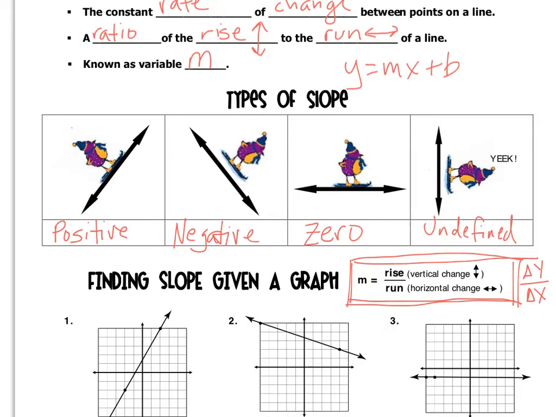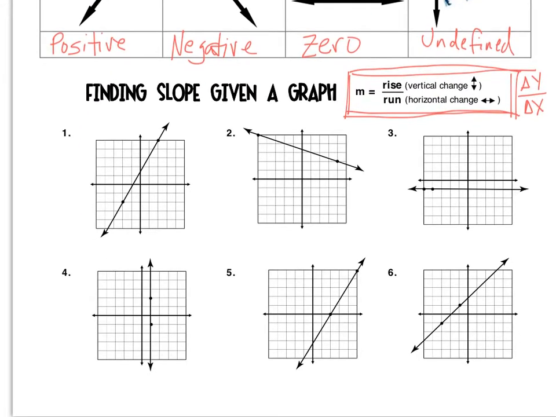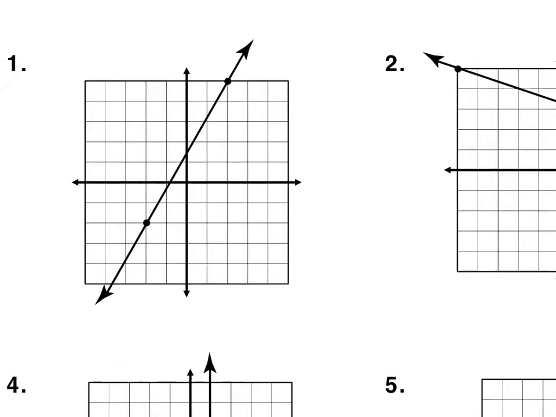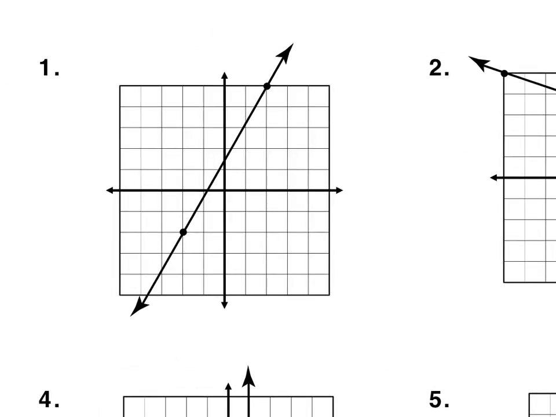Delta y over delta x. Delta just means change. So how are your y values changing with respect to your x values? So let's take a look. Slope, again, just a number. That's all it is. It's going to be a positive number. It could be a negative number. It might be 0. Can even be a fraction too, right? We're okay with that as well. Again, that's why we called it a ratio.